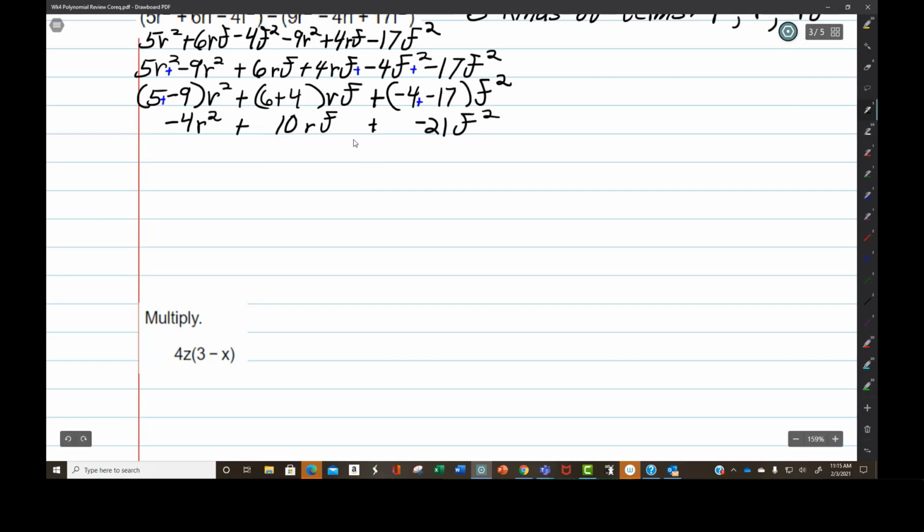And then plus a negative is like plus times negative, which is negative. So the normal everyday way to write this, if anything about math is normal and everyday, there's your answer right there. Negative 4r squared plus 10rf minus 21f squared.